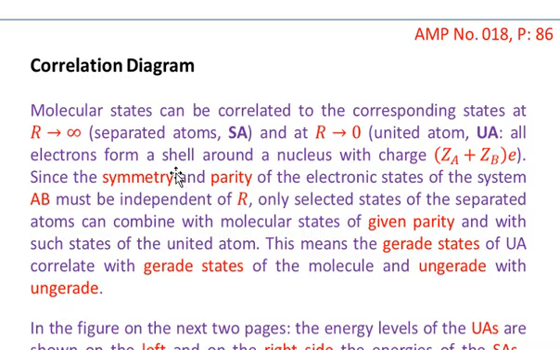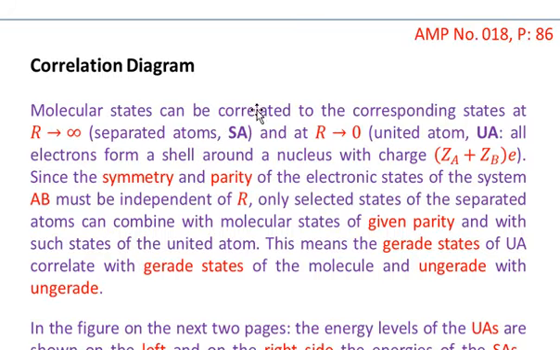That is, all electrons form a shell around a nucleus with charge Za plus Zb times e, where Za is the atomic number of atom A, Zb is the atomic number of atom B, and e is the charge on the electron. So Za plus Zb times e is the nuclear charge.